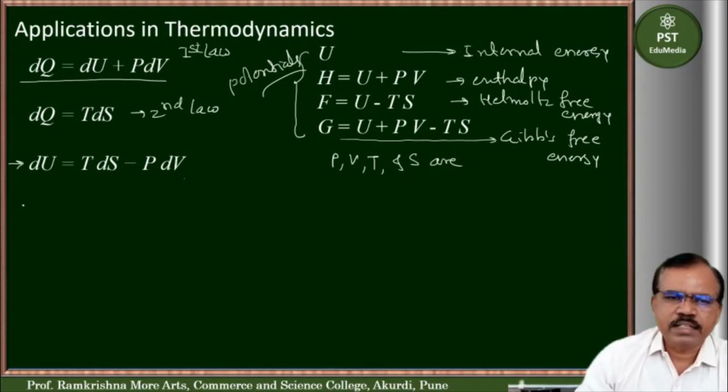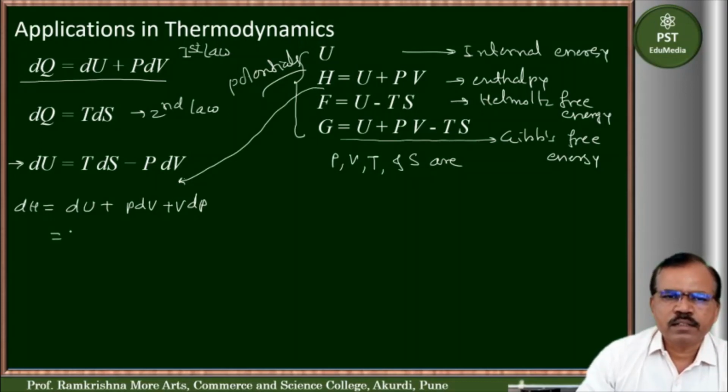So here we got du is equal to Tds minus Pdv from the first and second law. We can find dh. dh is equal to du plus pdv plus vdp. So here we get Tds minus pdv plus pdv plus vdp.